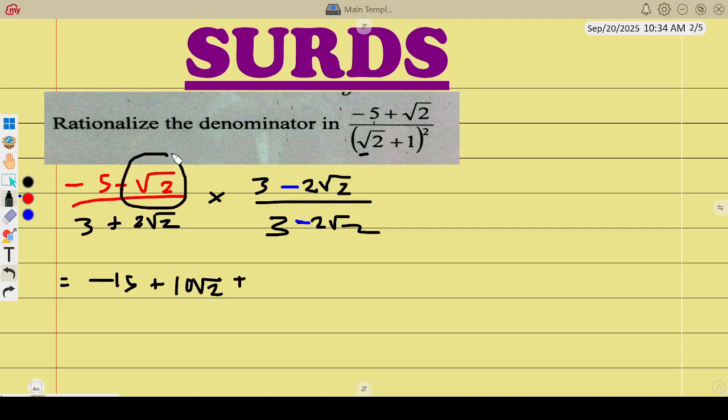plus we go to this one. This will multiply this, it also multiply the other thing. So root 2 times 3, it is 3 root 2, minus this one, root 2, it will multiply this here, so it's just going to be 2 root 2. So here what we have done, let me just put it here.